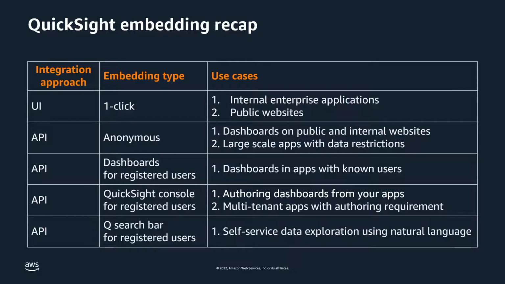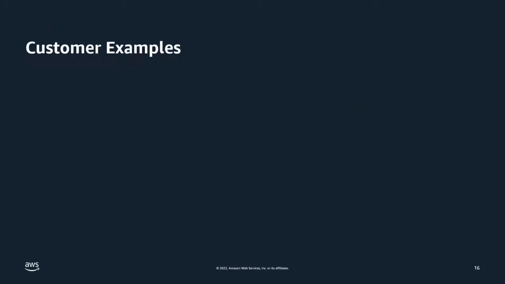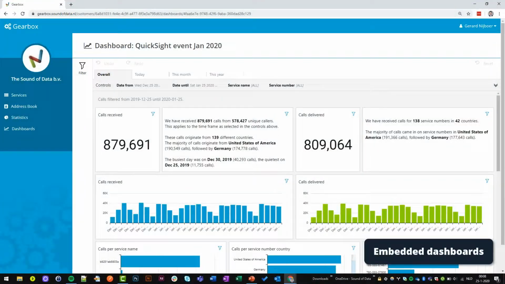Okay, next slide. So we'll talk a little bit about some customer examples just to showcase how our existing customers have actually implemented embedding in their use cases. So could you move on to the next slide, please? Okay, the first slide here shows you an example of embedding for an ISV based in the Netherlands.